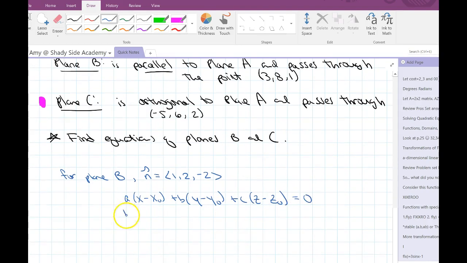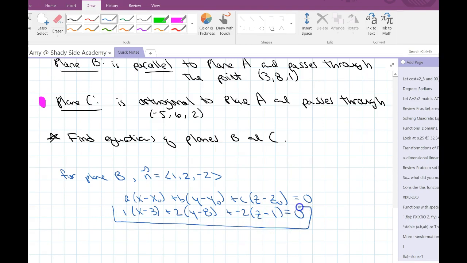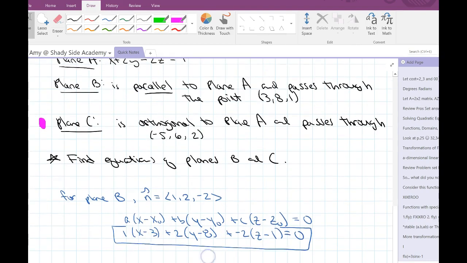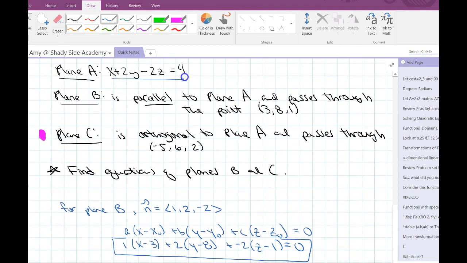So that tells me 1 times (x minus 3) plus 2 times (y minus 8) plus -2 times (z minus 1) equals 0. And here is my equation of the plane. You may care to distribute all this and collect like terms to get the equation in standard form, but I'm not going to do that.